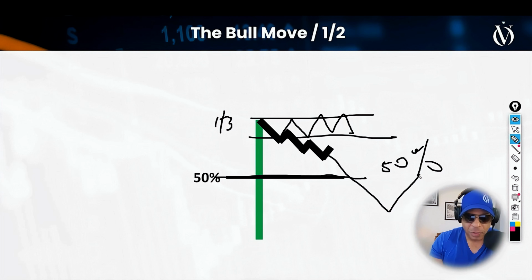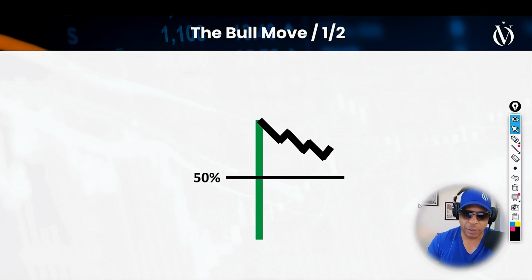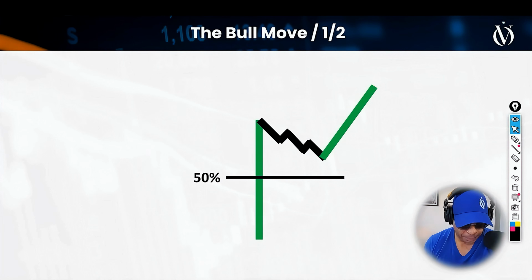Break deeply below the 50%, and now you will get moves to the upside, but those moves to the upside are likely to be failed attempts for the stock to get back on its feet. All right, we'll take a look at a few examples with this as well. All right, guys, that's what's likely.